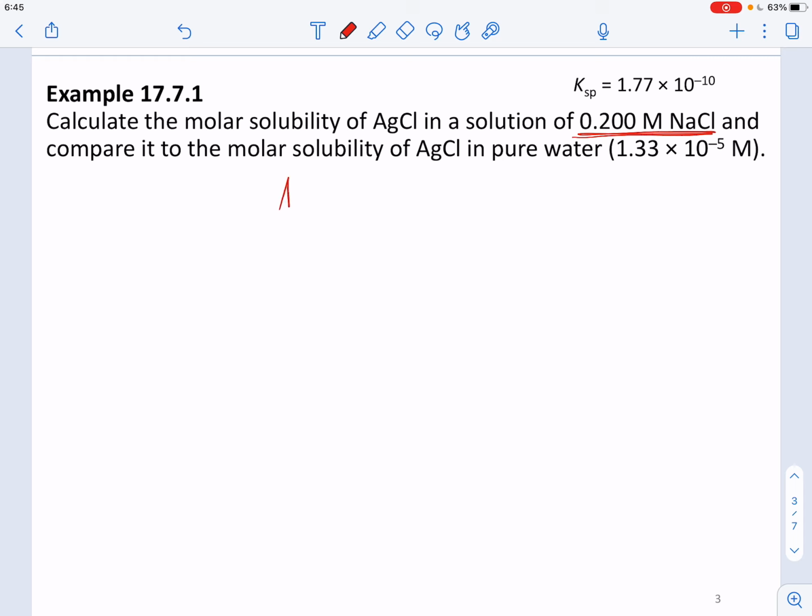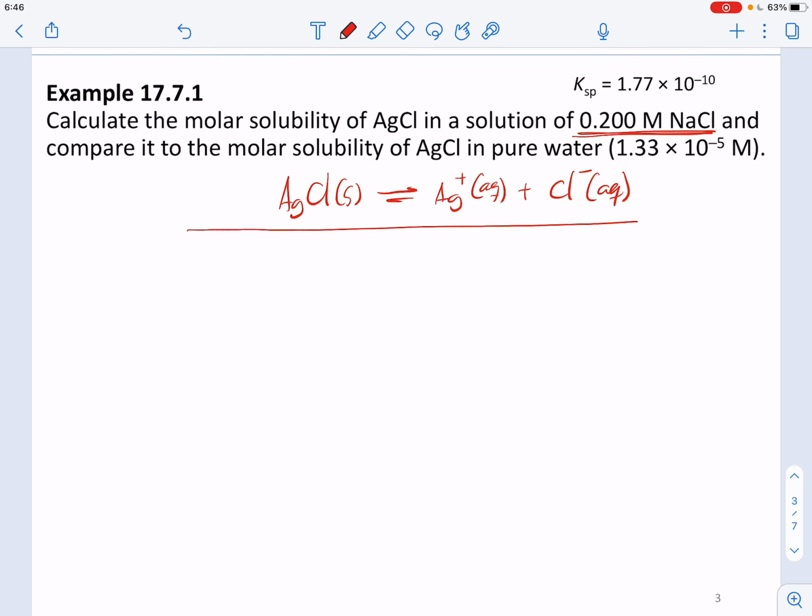So we have our equilibrium, right? AgCl solid goes to Ag+ aqueous plus chloride also aqueous. Okay?